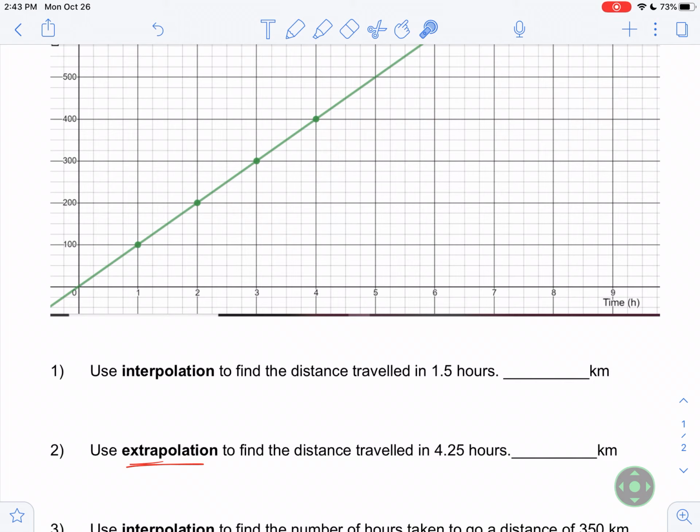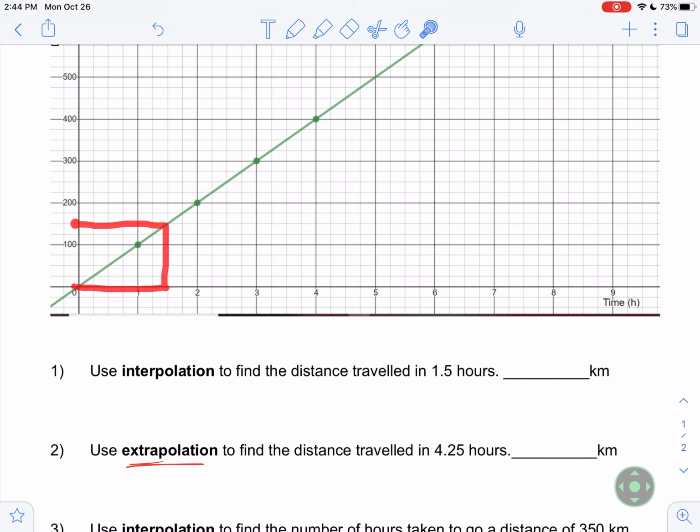You're going to go over to 1.5, which would be here, halfway between 1 and 2. So you're going to trace over there, and then you're going to trace up to where it crosses the line that you just drew. Okay, so one more time, you're going to go from 1.5 up to the line that we just drew.